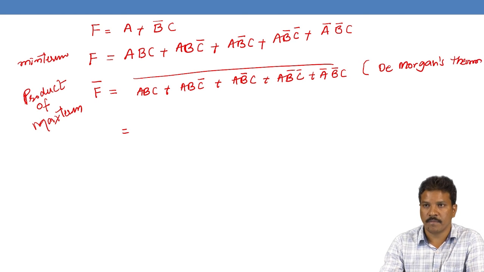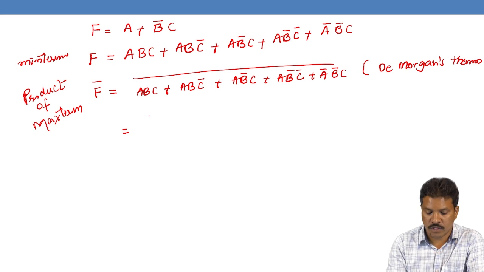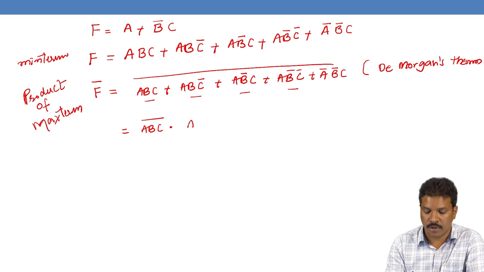Take the first term, for example X, this Y, this Z. So ABC whole bar into ABC bar whole bar.